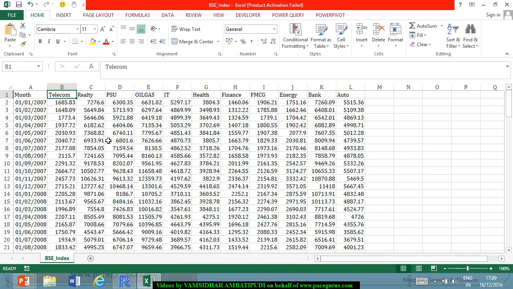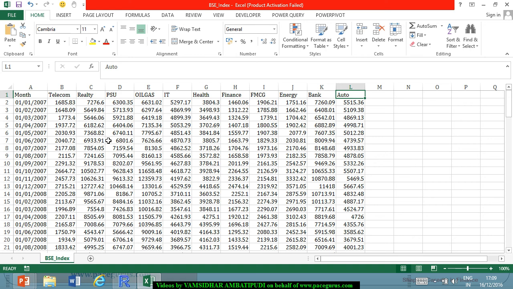these sectors, all the 11 sectors: telecom, realty, public sector units, then oil and gas sector, information technology, healthcare sector, finance sector, FMCG, fast moving consumer goods, energy sector, banking sector, and the automobile sector, some of the biggest sectors of the economy.